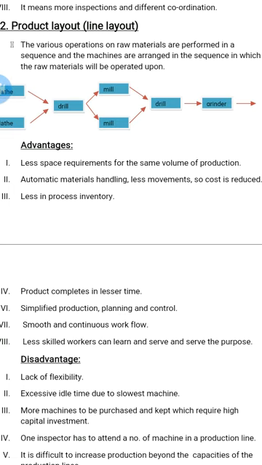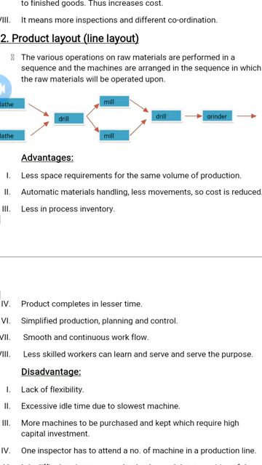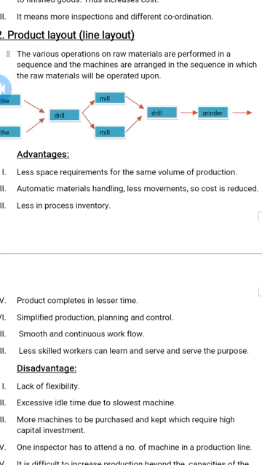In batch production, variety is medium, size is medium. The plant produces medium volume and medium variety of products. But in mass production, the plant produces a very high volume of product, but the variety of product is very, very less. So in this case, product layout or line layout is preferred.